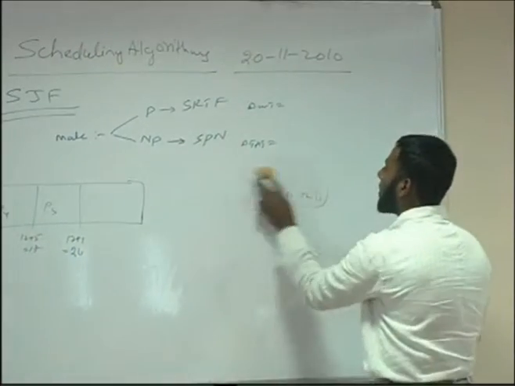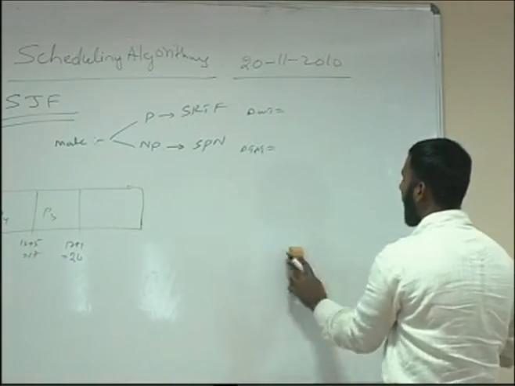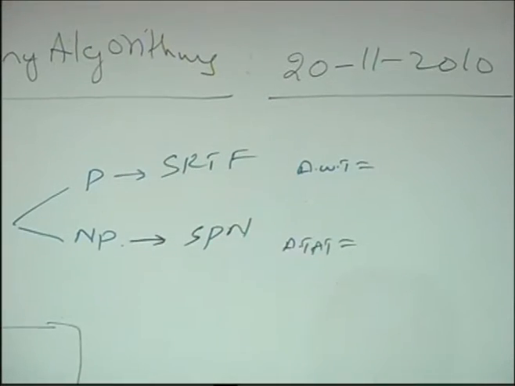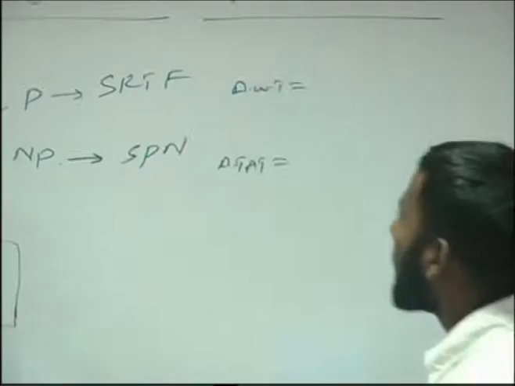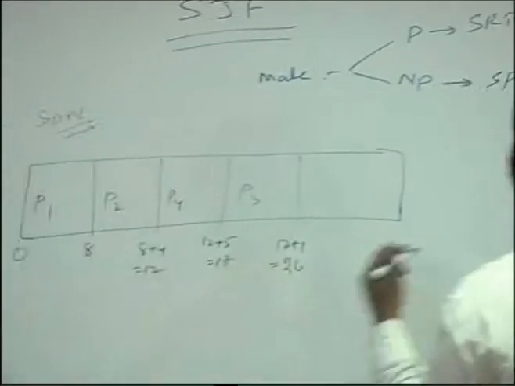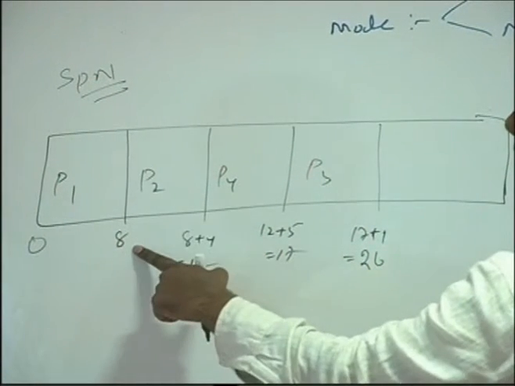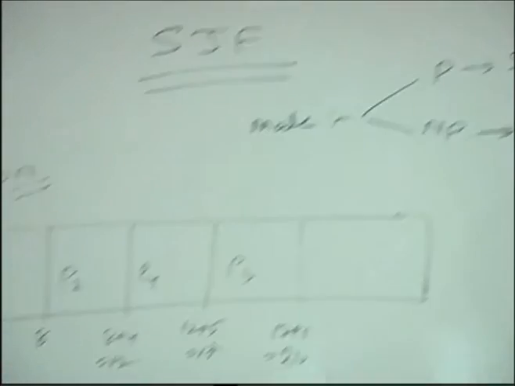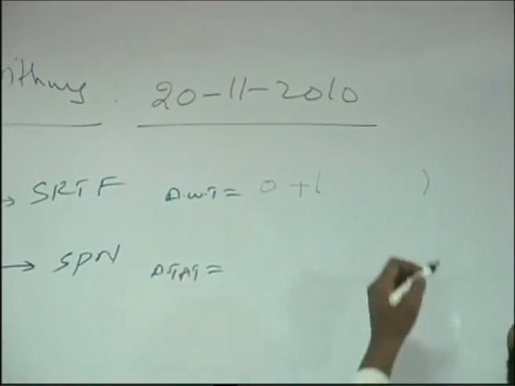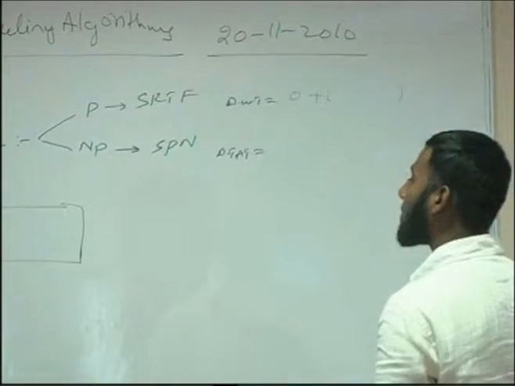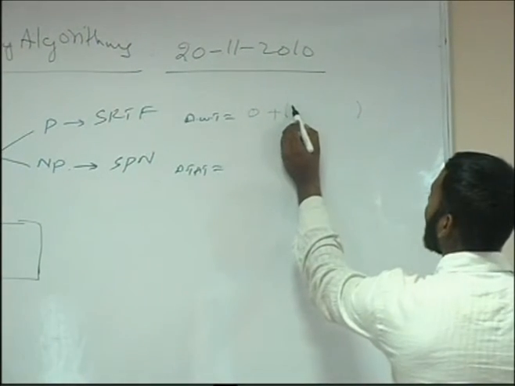Now here we will record the waiting time and average waiting time and average turnaround time of each of these processes. Okay. First, the waiting time for process P1 is 0, and waiting time for process P2. Now here the waiting time for process P2 is of importance, because process P2 has arrived at time 1, but it has been given chance at time 8.